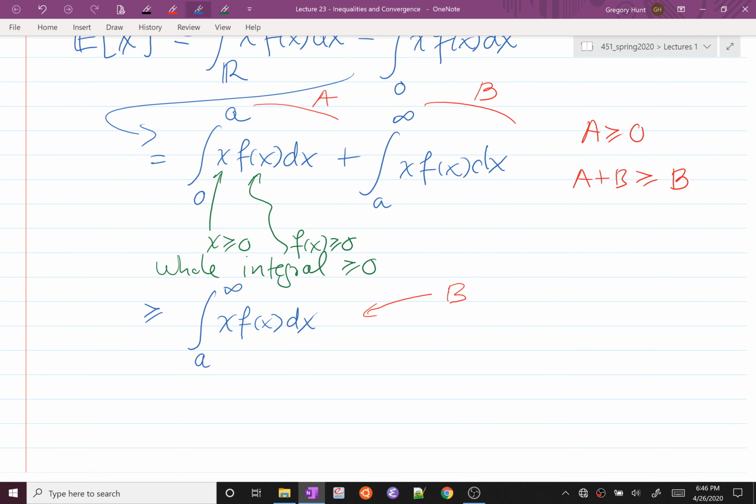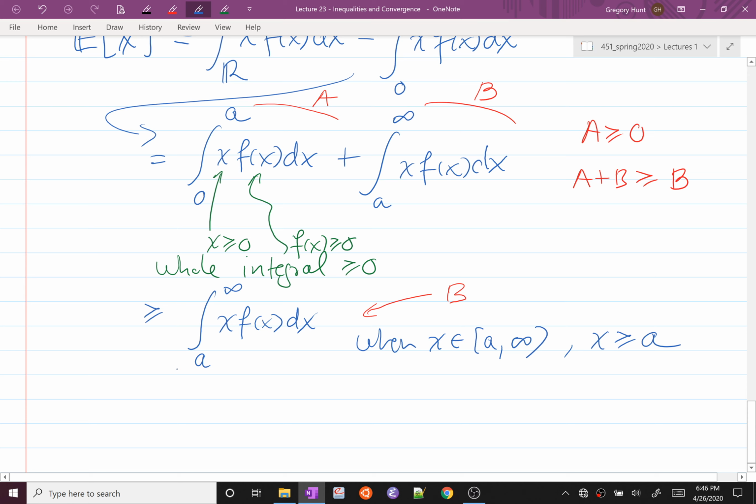And furthermore, I'm integrating on an interval from a to infinity, and so I'm integrating x times f of x on this interval. When x is in this interval from a to infinity, that is the same thing as saying x is bigger than or equal to a.